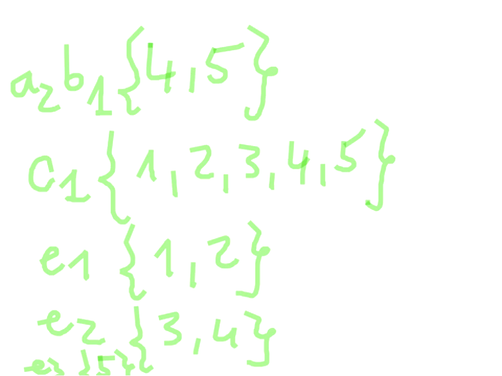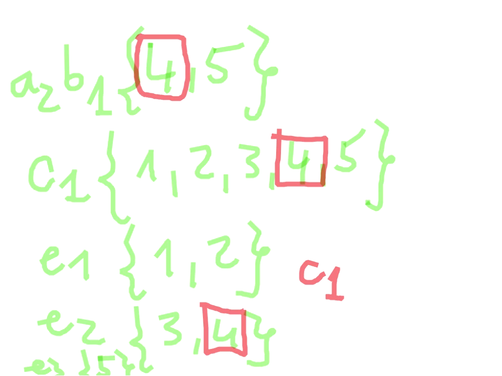So the intersection here gives us C1 E2 with the list 4.